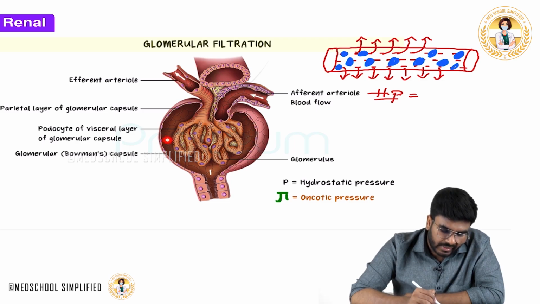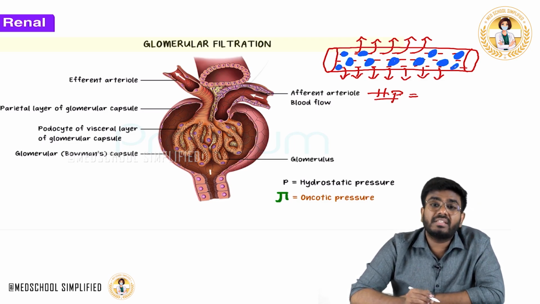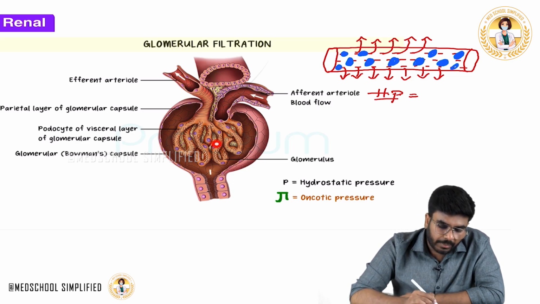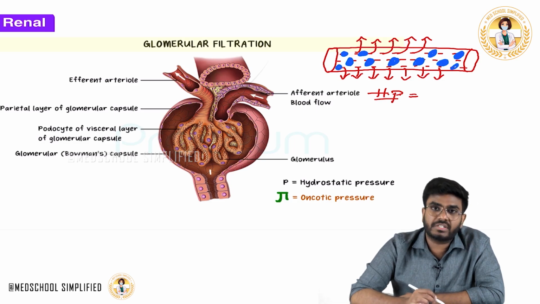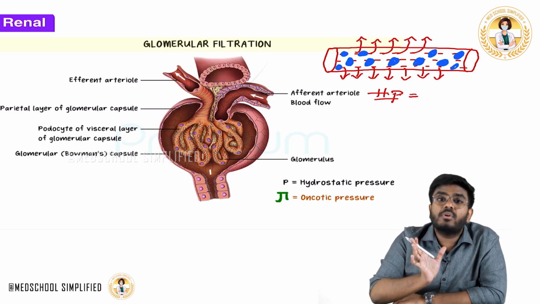Why? Because the fluid in the Bowman's capsule also has hydrostatic pressure. Hydrostatic pressure in the capillaries wants to push the fluid into the Bowman's capsule, but the hydrostatic pressure in the Bowman's capsule is exerting opposite pressure.